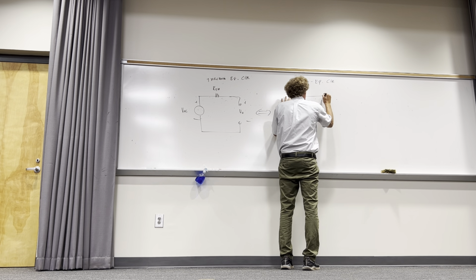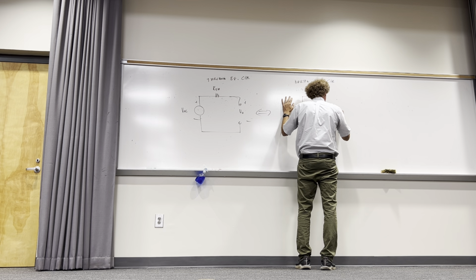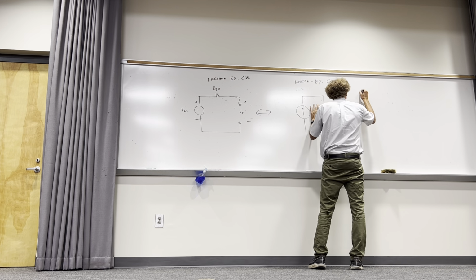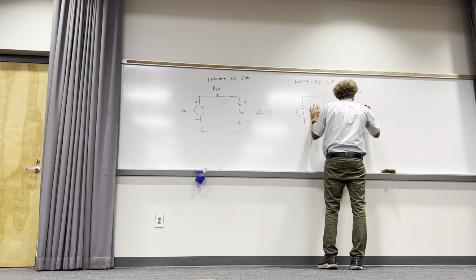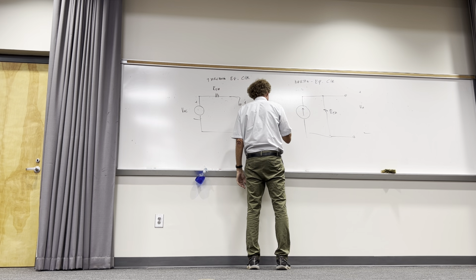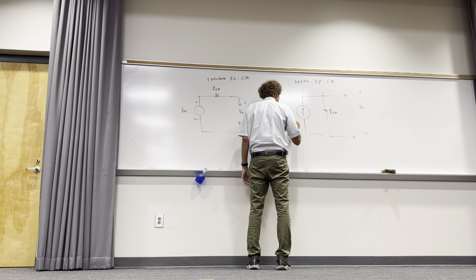In parallel with that resistance that I'm going to call R Thevenin. And here, you could attach the resistance. And the value of this IS here is equal to V open circuit divided by R Thevenin.